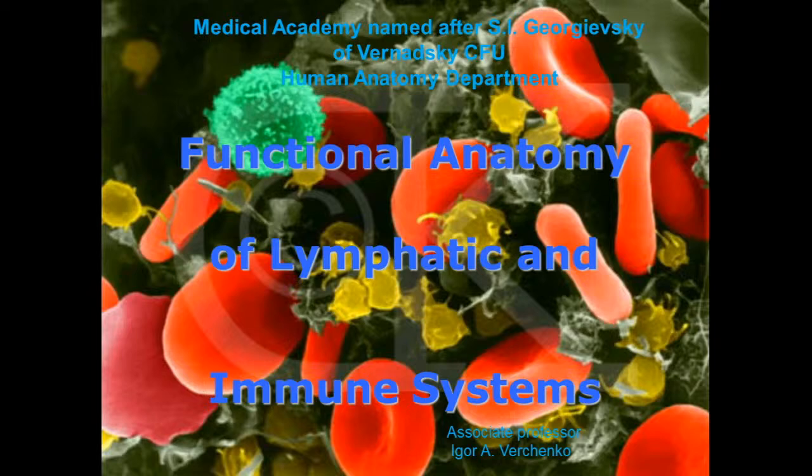This topic is very important for your future job and also in connection with today's pandemic situation with coronavirus infection. It will help you to understand mechanisms of the body's protection, mechanisms of immunity, and I hope it will be very useful for you.